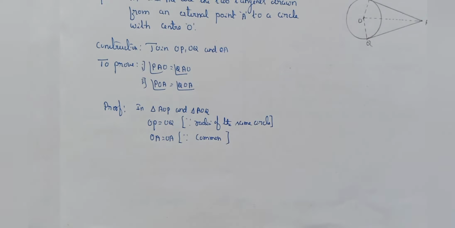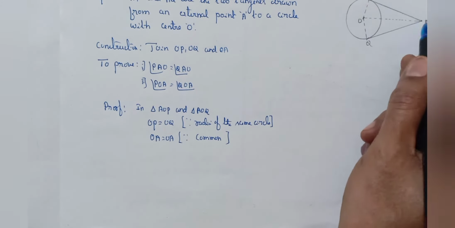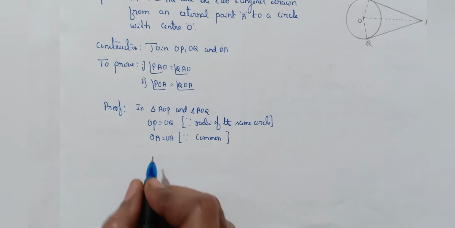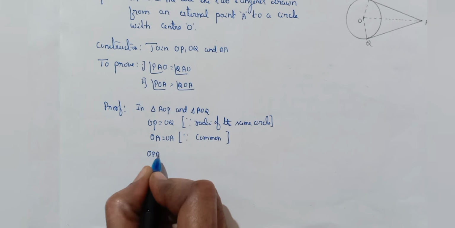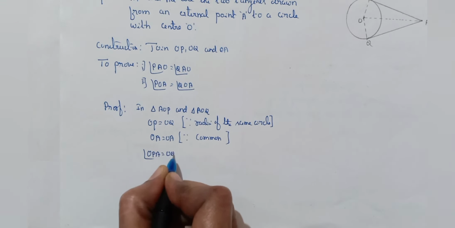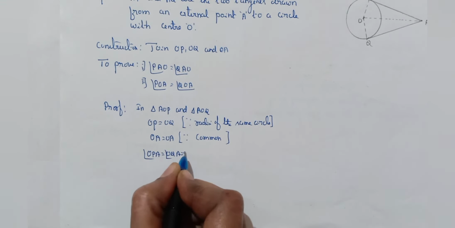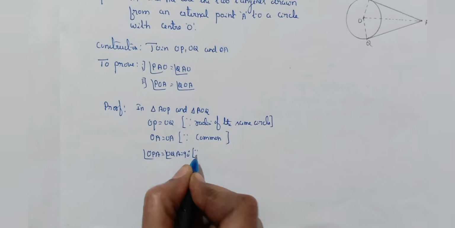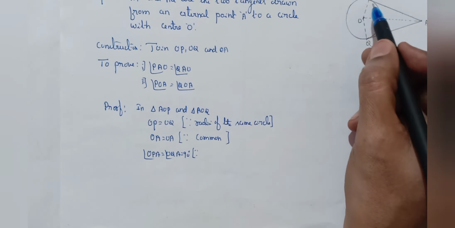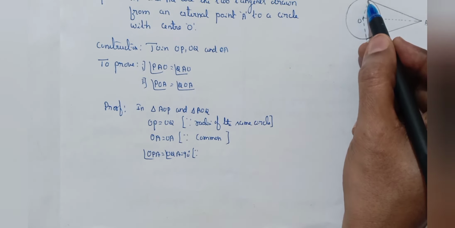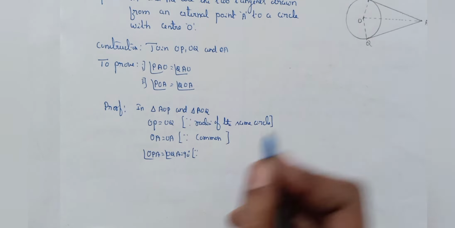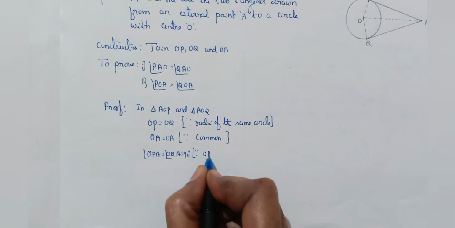Next, angle OPA is equal to angle OQA is equal to 90 degrees, because OP is the radius drawn through the point of contact P, so OP is perpendicular to AP.